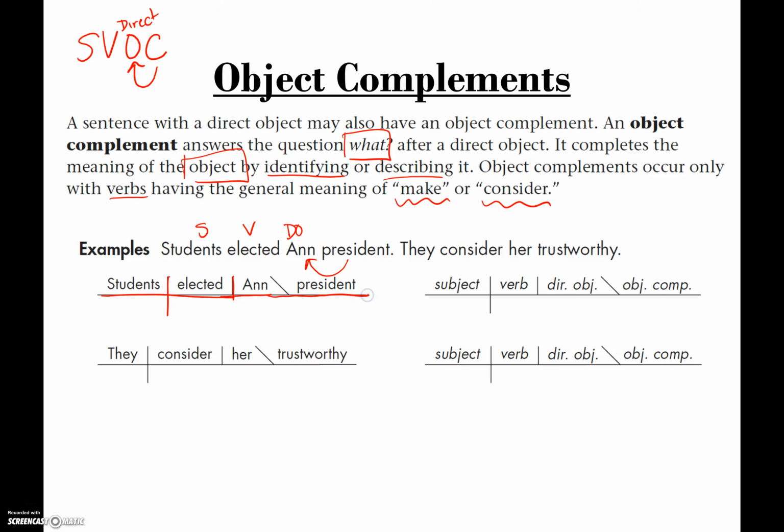So because that is giving us extra information, what, we're going to put that in the complement position after the direct object. In the second one, they consider her is our subject verb direct object. Trustworthy describes what they consider her. So on our horizontal line, we have the short vertical for the direct object and then the diagonal before the trustworthy, the object complement.